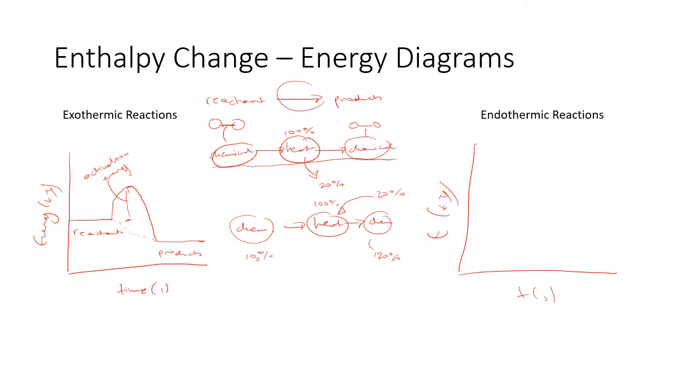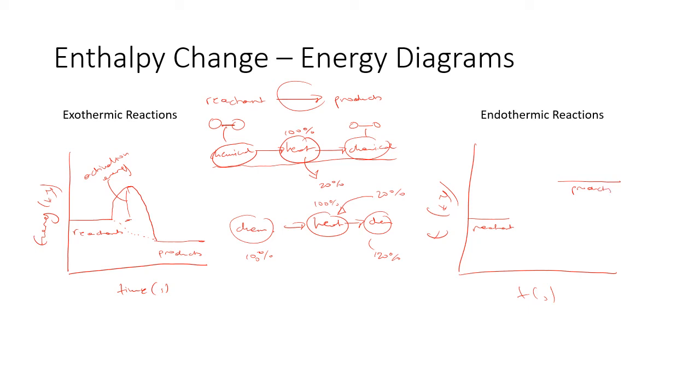So some energy has entered, and therefore, if we are to draw the reactants here again, the products will have more chemical energy stored in their bonds, so they're going to end up being at a higher energy level. And I'll label this products. Okay.